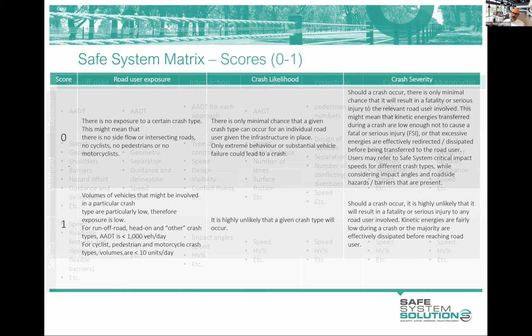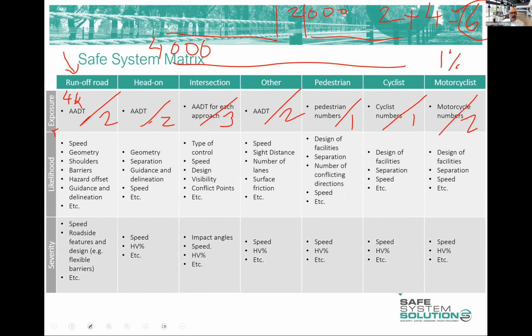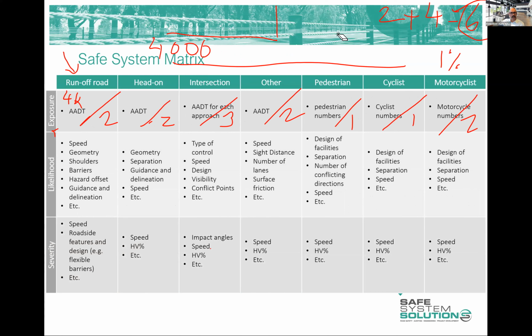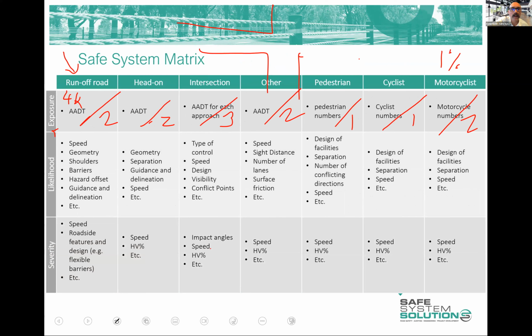What if it's a 4-leg intersection? That's a fair question. I did a 3-leg to try and make it a little clearer, but let's do a 4-leg. Say 4,000 here.